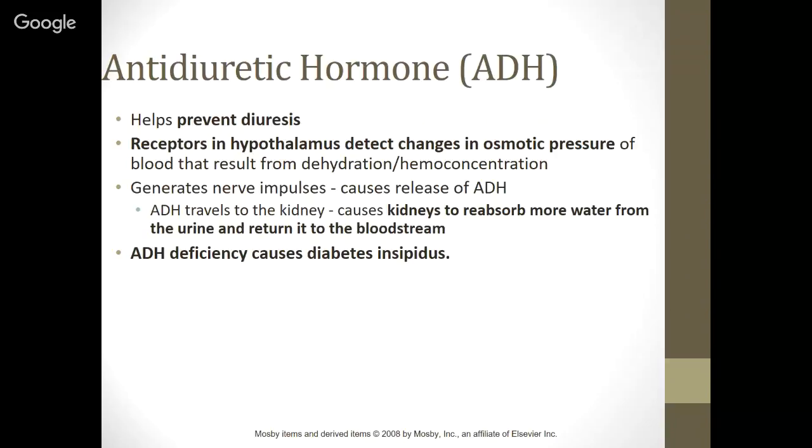Diabetes insipidus is low antidiuretic hormone. Diabetes just means they're drinking a lot more water and urinating a lot more. This is what we see because they're not able to retain water. They have to continually drink water in order to have what they need for their body function.